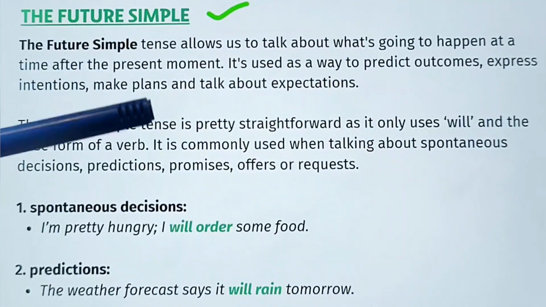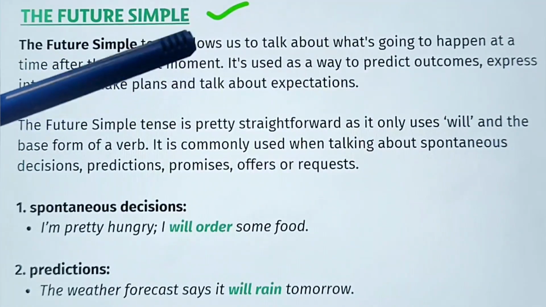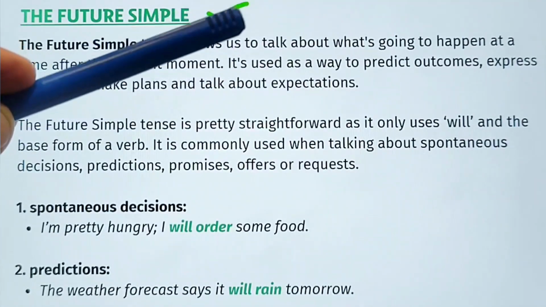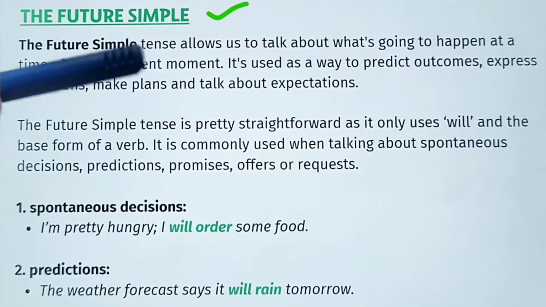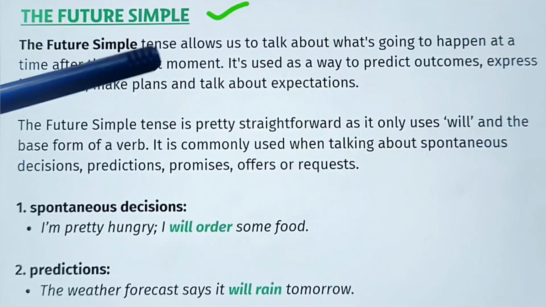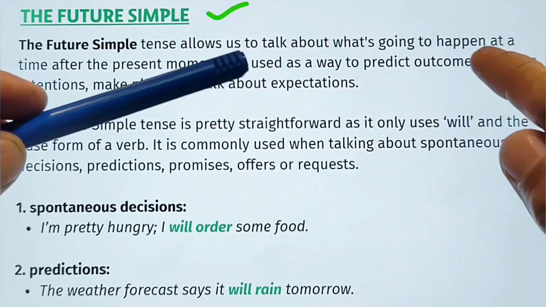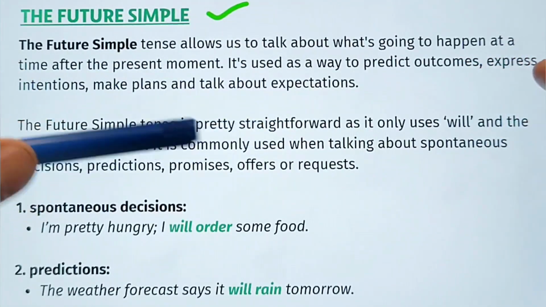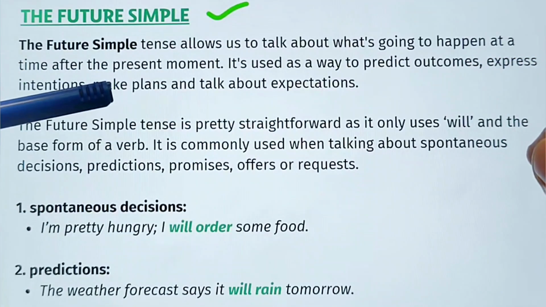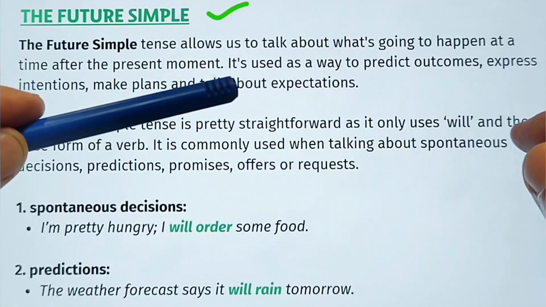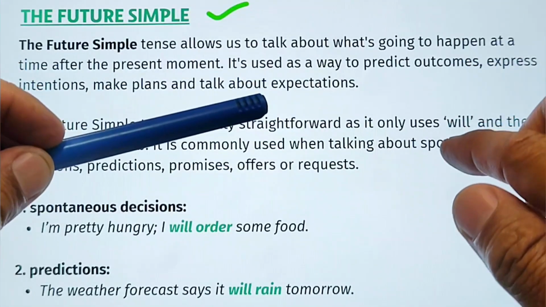The future simple tense allows us to talk about what's going to happen at a time after the present moment. It's used as a way to predict outcomes, express intentions, make plans, and talk about expectations.